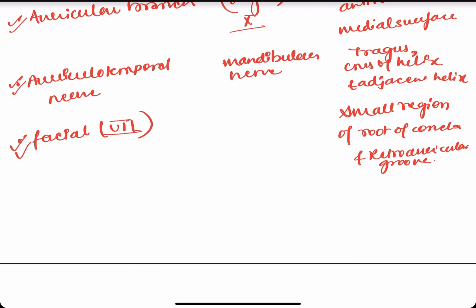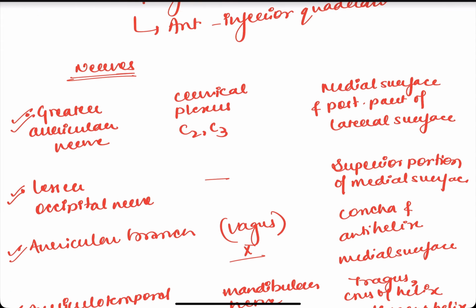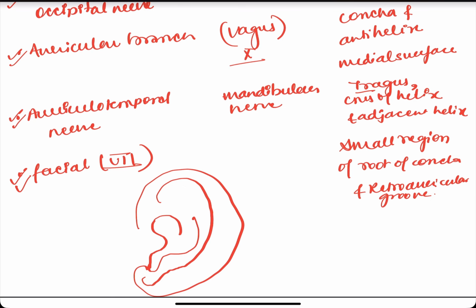With a diagrammatic representation, we can study this. This is the medial surface of the ear. The auriculotemporal nerve supplies the tragus and crus of helix.